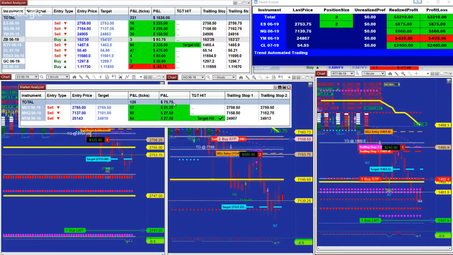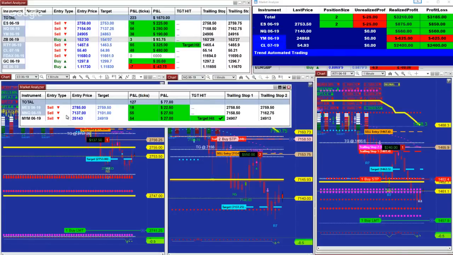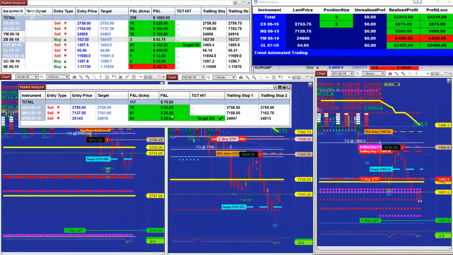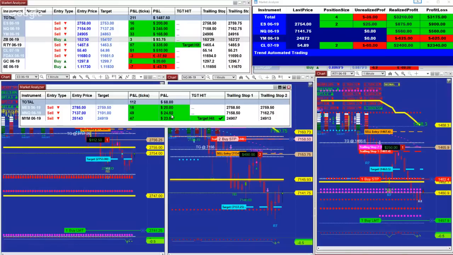You can see you are 131 ticks into the profit based on one micro contract on the Nasdaq and one micro contract on the YM, and this is very good. For one contract, the amount of money you are using is nothing. It's around a couple of dollars. And this is really amazing.